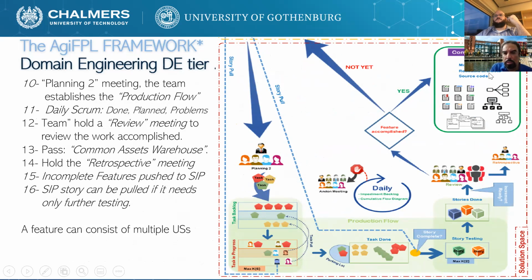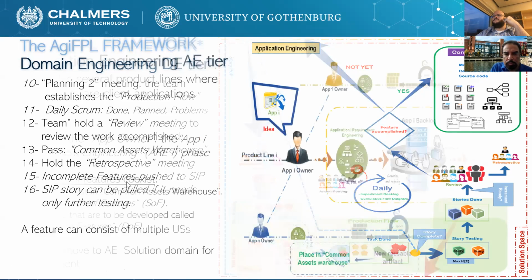This is domain engineering in its finest. At the end, all you need is this: your common assets of artifacts that are ready to be used to develop new products. If they have issues, they send it back. That's how it works. And they have the retrospective meetings, they have all the things like you learned in the Agile process. And at the end, you have your assets here preserved.